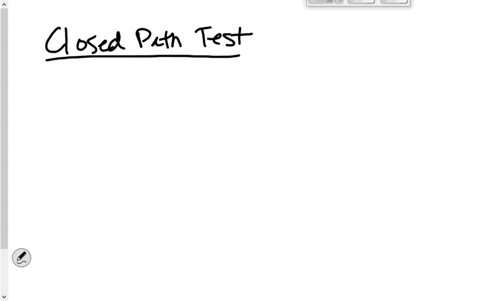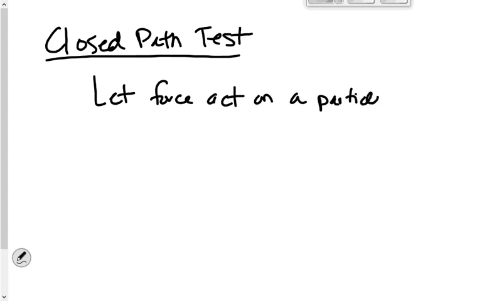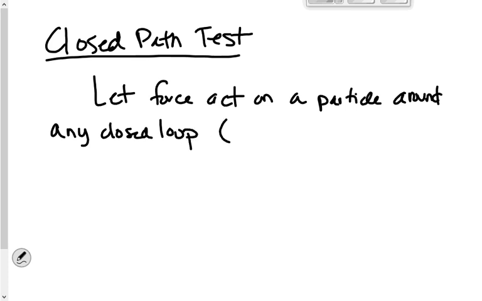So the closed path test says let the force act on a particle around any closed loop. It means that the particle makes a round trip and it ends where it began.